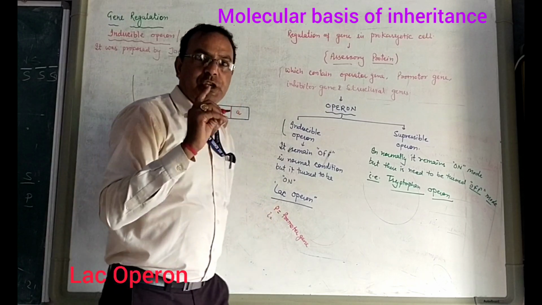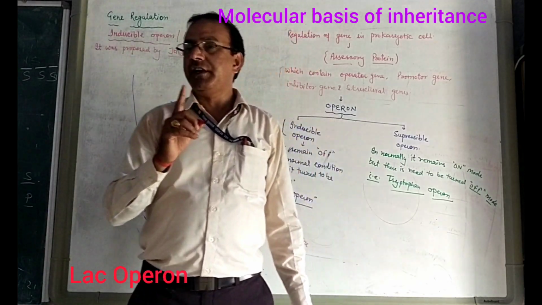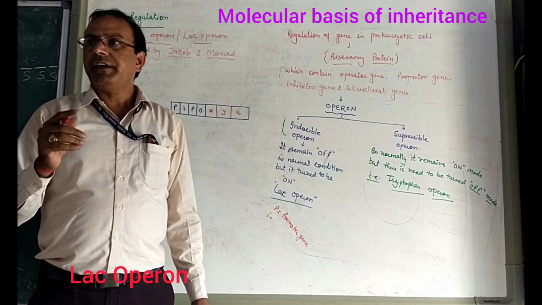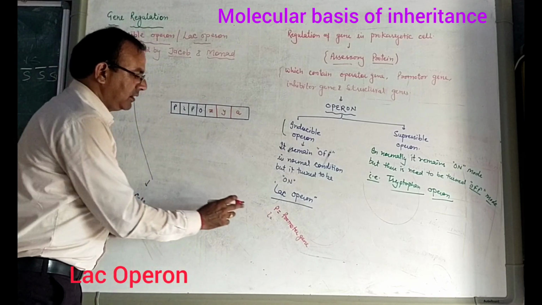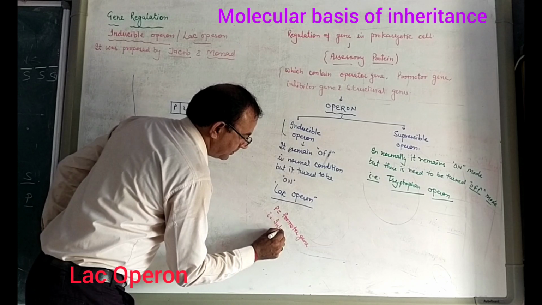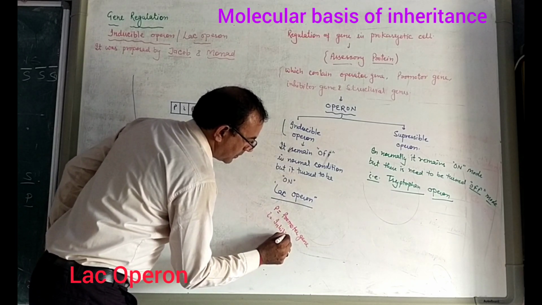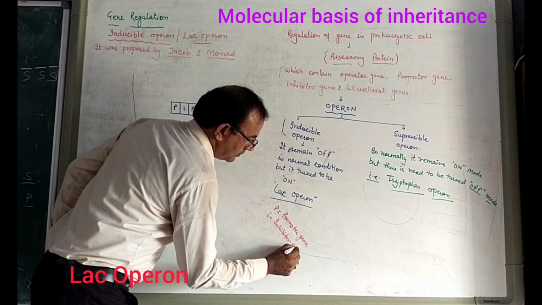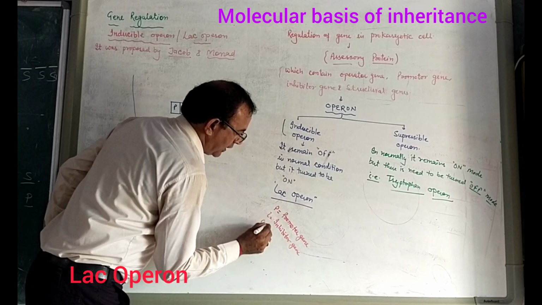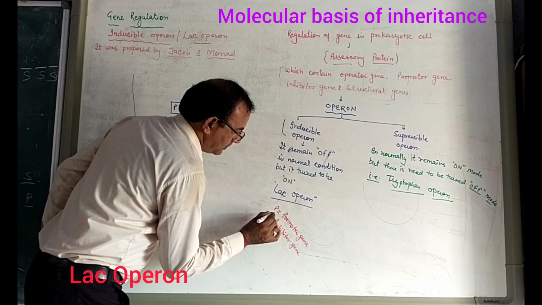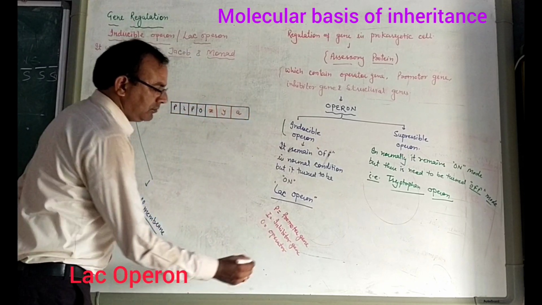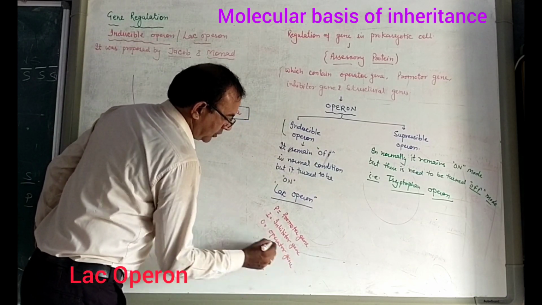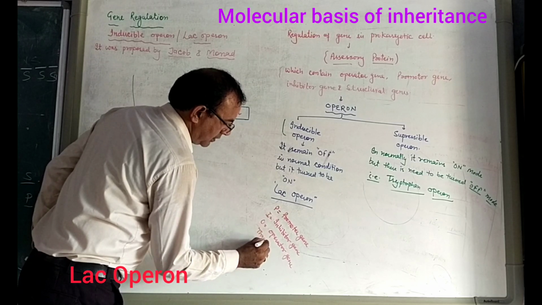I is not the inducible gene, it is the inhibitor gene, in which mRNA is produced from DNA and then this mRNA gives protein. And O stands for operator gene. And there are three structural genes.